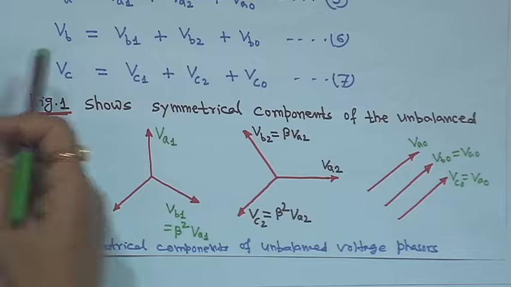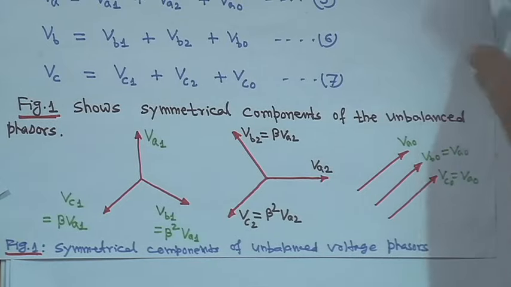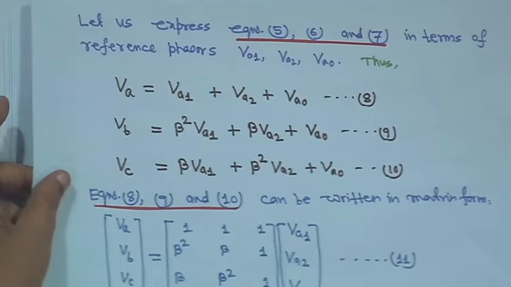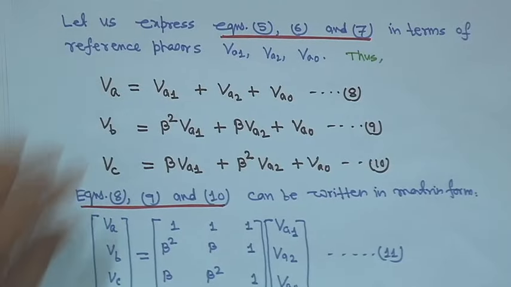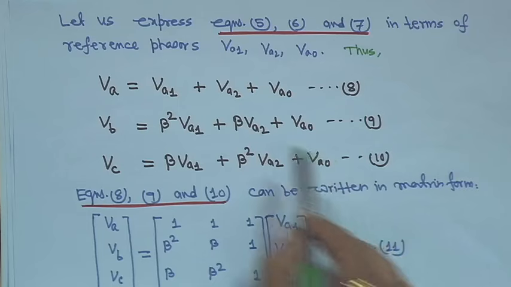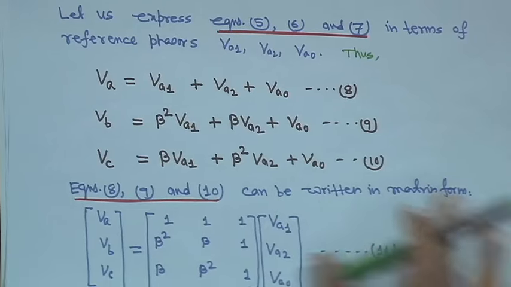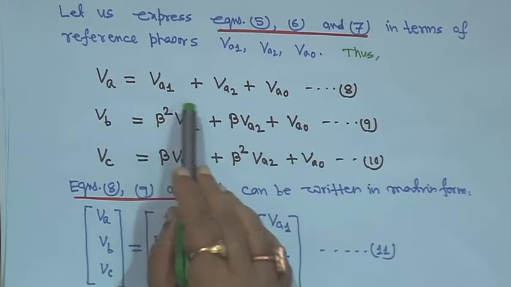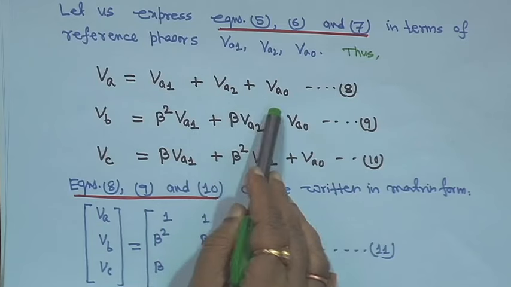Now let us express equations 5, 6 and 7 in terms of the reference phasors Va1, Va2 and Va0. The current follows the same philosophy: Va is equal to Va1 plus Va2 plus Va0.